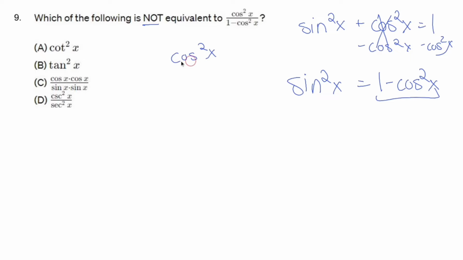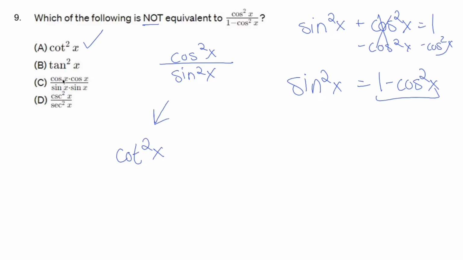I have cos squared x over sine squared x. Okay, so any of these match? No. Oh, but you know what? Cos x over sine x is cotangent. So cos squared x over sine squared x is cotangent squared x.